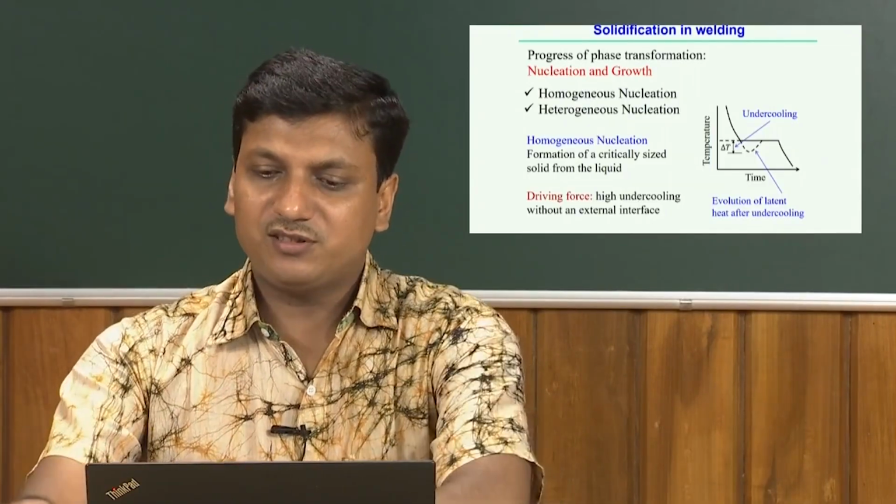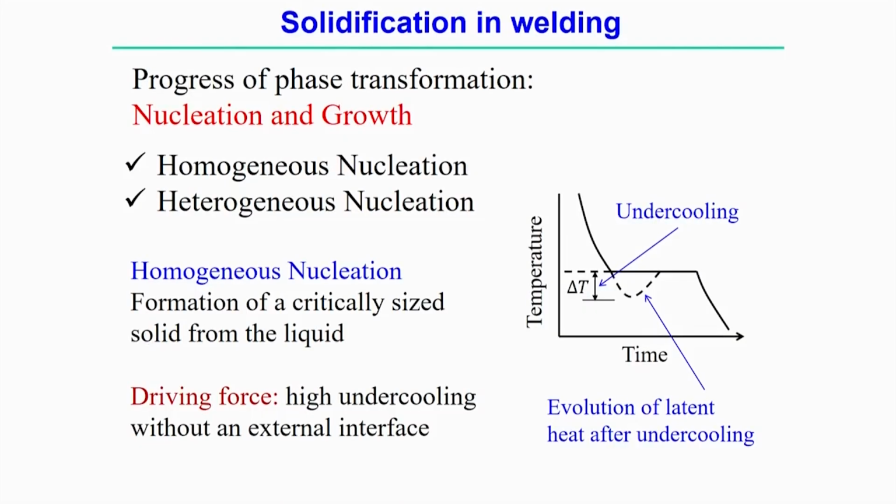But how does the undercooling happen? If you look at this curve during the cooling process, this line indicates the melting point, the temperature that decides the transformation from solid phase to liquid phase or vice versa.